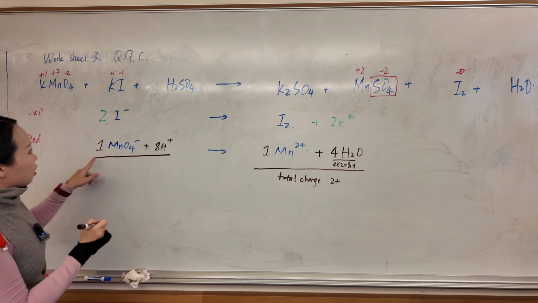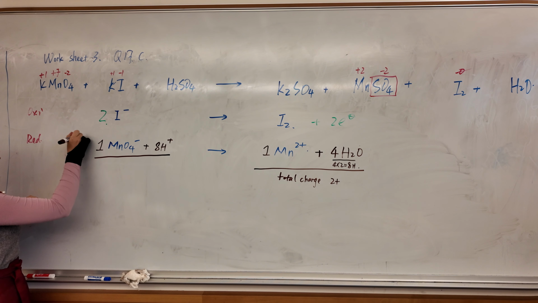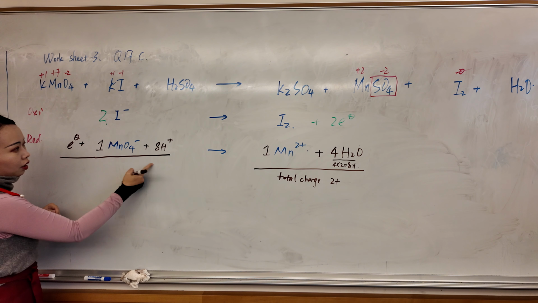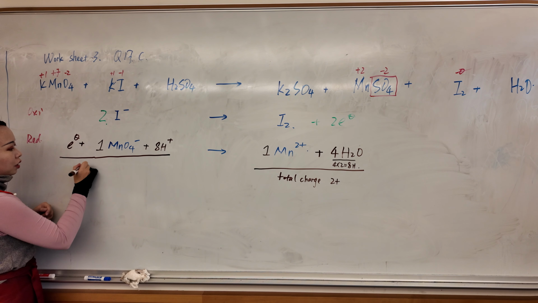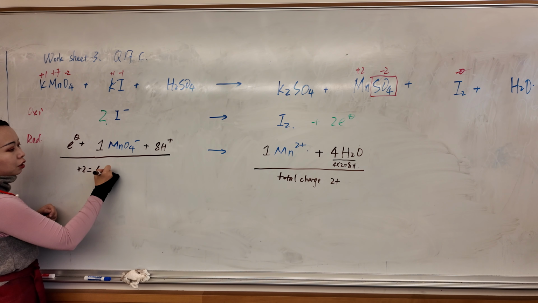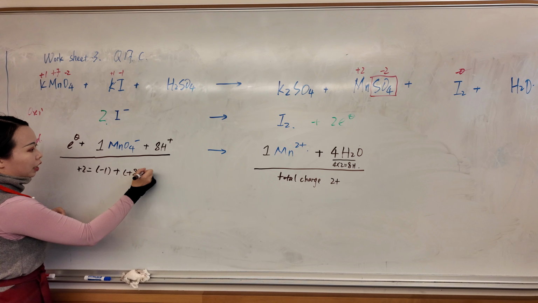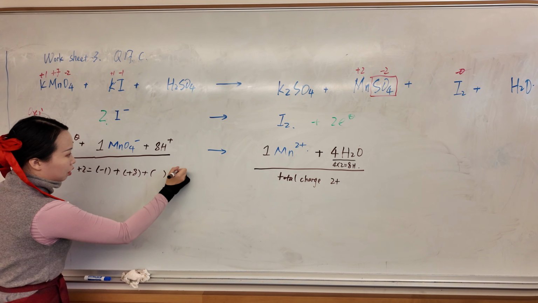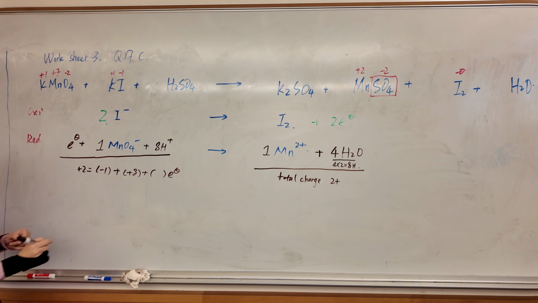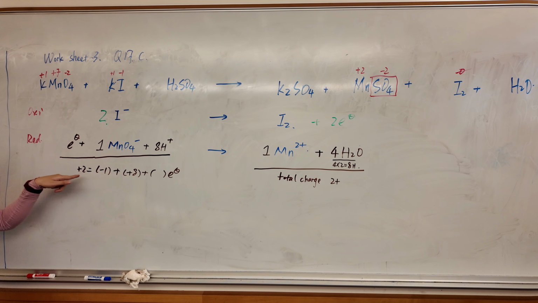I need to make the total charge, after adding whatever electrons, into +2. So +2 equals what I have here, -1, that's from permanganate, plus +8, plus whatever electrons. Each electron is 1 negative, right? I'll make the whole thing +2. Did you see the point?